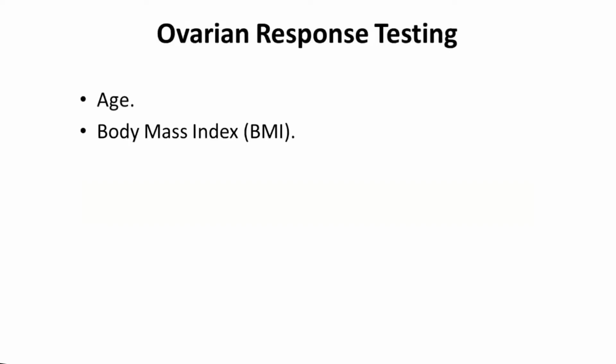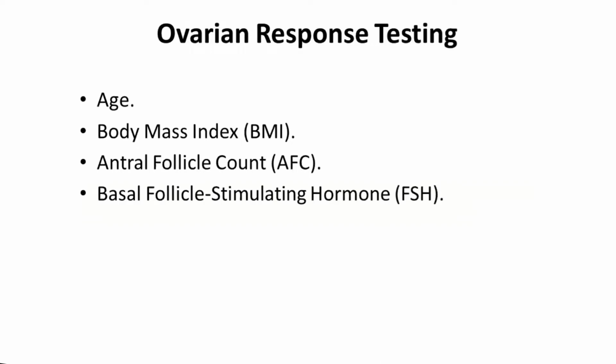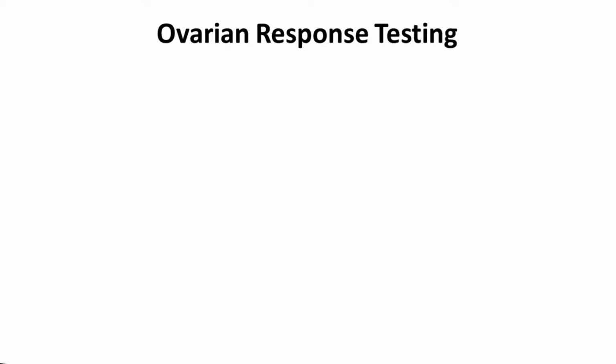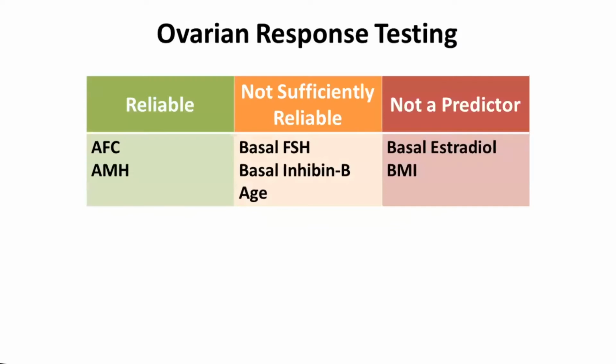The parameters which predict the ovarian response or the ovarian reserve are: age, body mass index, antral follicular count, basal FSH, basal estradiol, anti-Mullerian hormone, and basal inhibin B. If we are talking about what is reliable and what is not, the reliable ovarian test markers are the antral follicular count and the AMH.